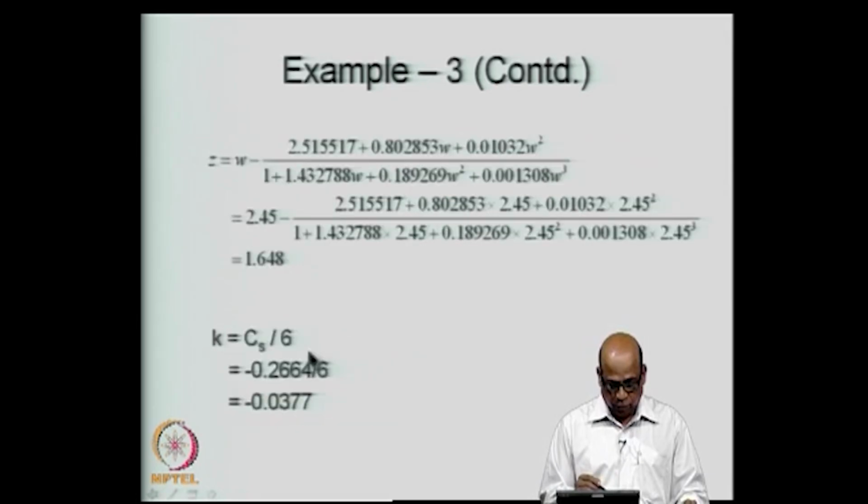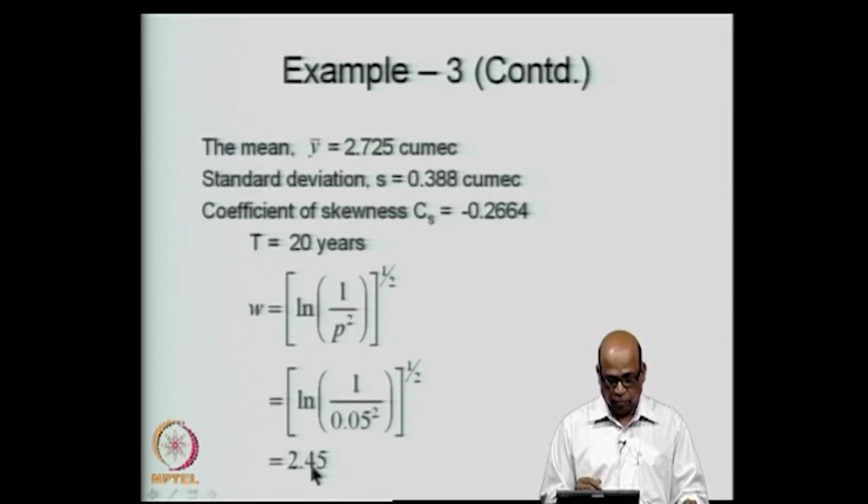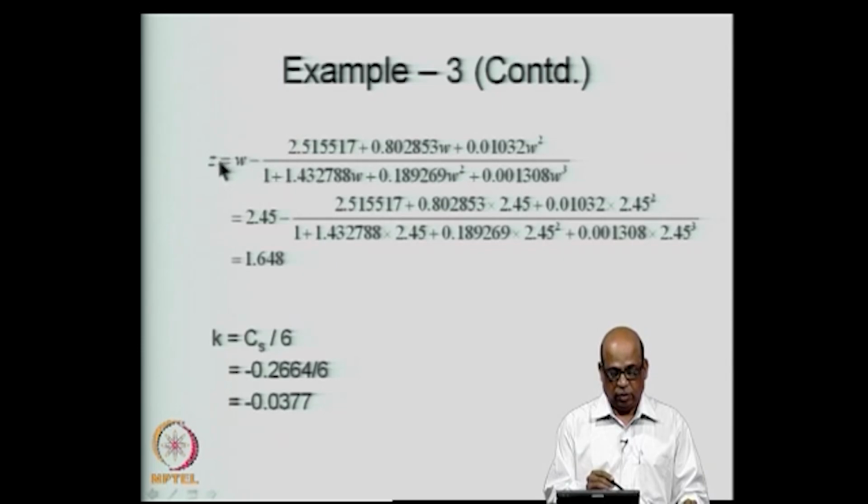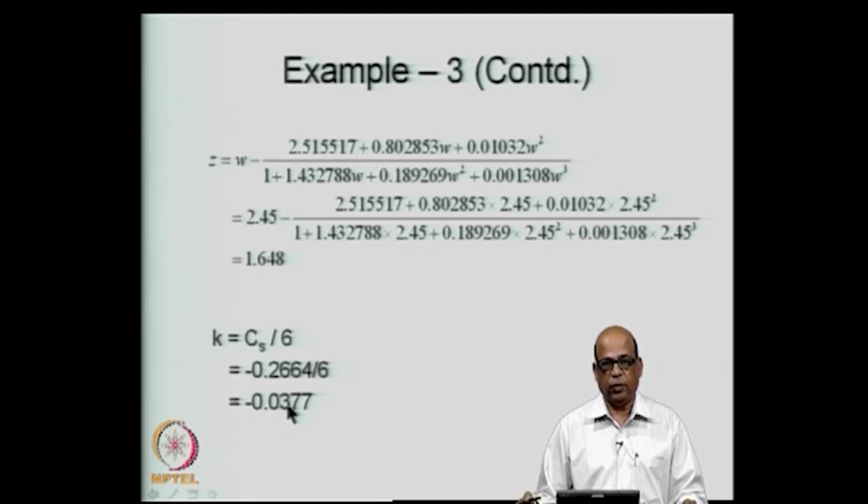I get W from here and use this W to get the Z value, and Z turns out to be 1.648 as in the previous case, and k as in the previous case, by that I mean as in the case of the normal distribution, because we were using the same return period of 20 years then, and k is Cs by 6, Cs is minus 0.2664. So, the k comes out to be minus 0.0377, and this we use to obtain kT.